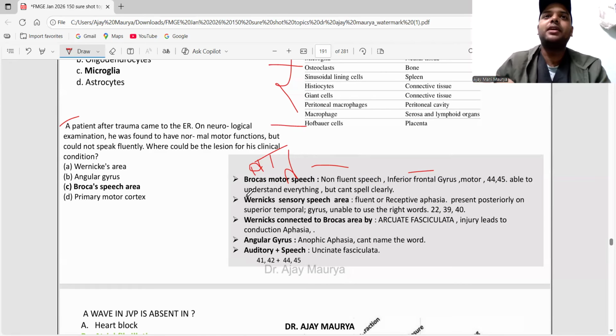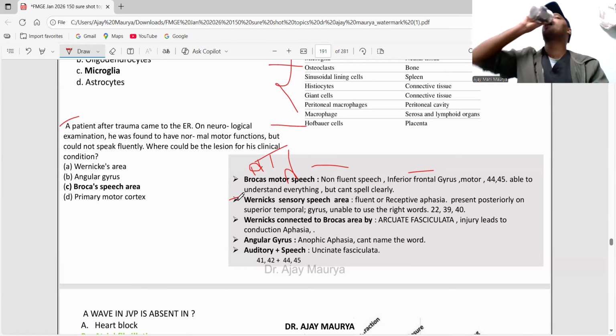Coming here to the sensory speech area, this is the opposite. He cannot understand the words properly, but he can speak very well.